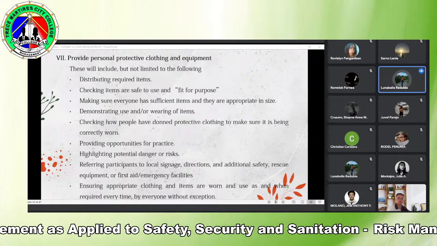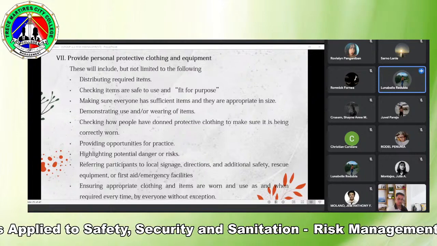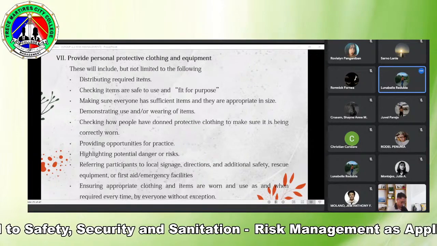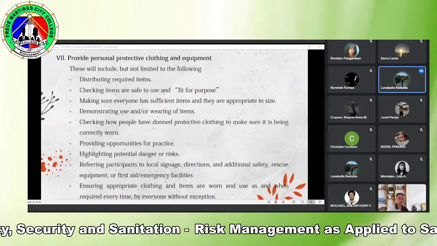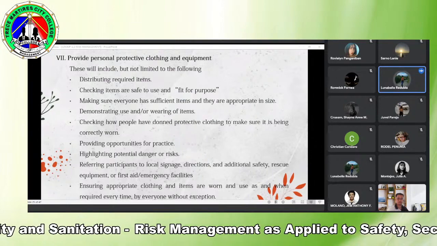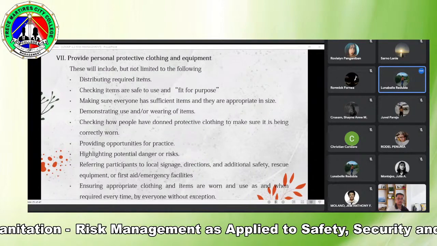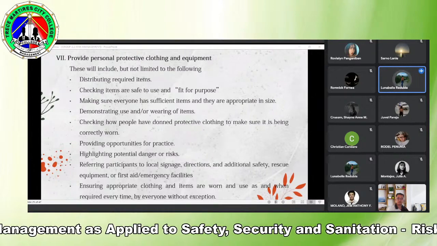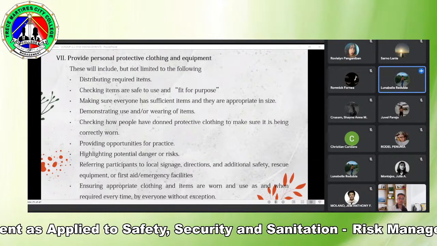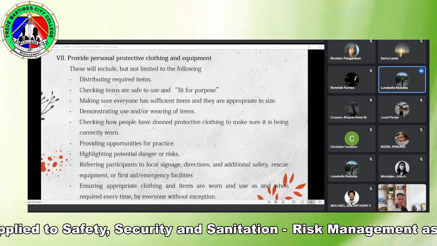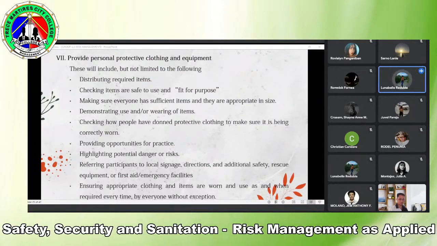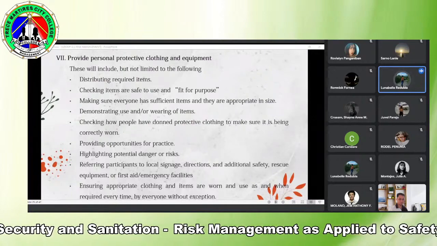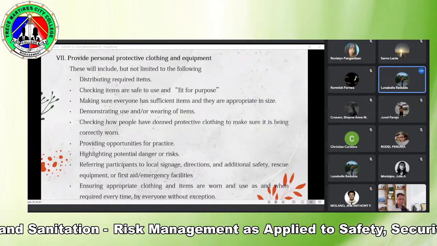Referring participants to local signage, directions, and additional safety, rescue equipment, or first aid emergency facilities. Typically, signage tends to serve a few common purposes: to promote, identify, provide information, give directions, or raise safety awareness.